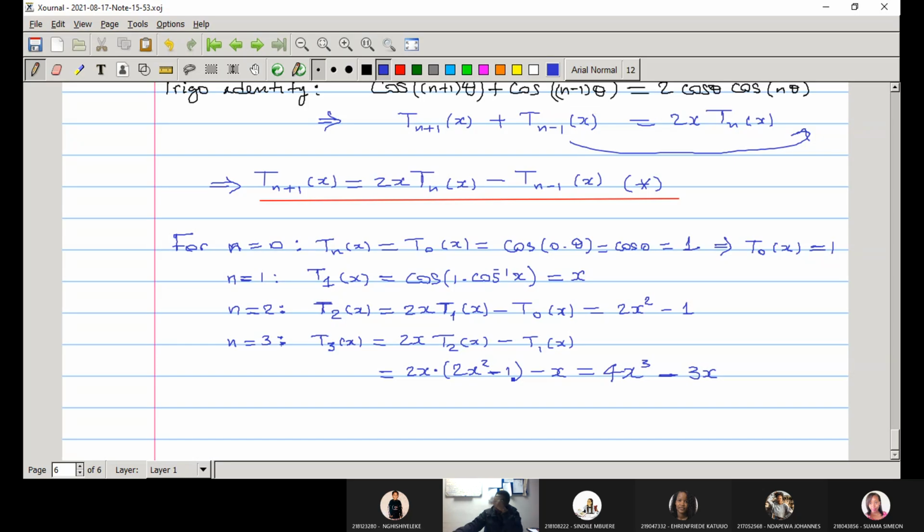Okay, there's a remark. If you look at the remark, you will see that, let me do the other one before I make my point. Now, if you take n equal to 4 here, you can do the same thing. T4(x) will be 2x times T3 minus T2(x).